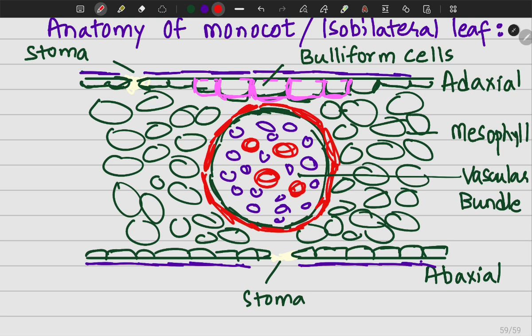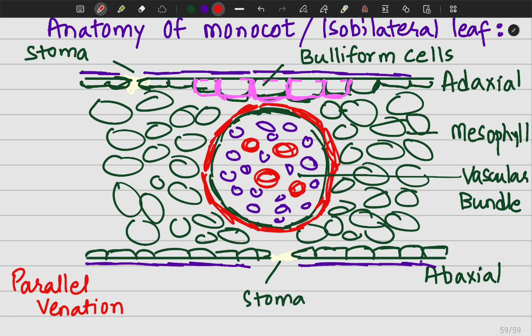you must remember, if you have gone through the previous lecture, that the monocots have parallel venation, right? And in parallel venation, the size of all the vein and veinlets are quite similar. The only exception is the main vein.